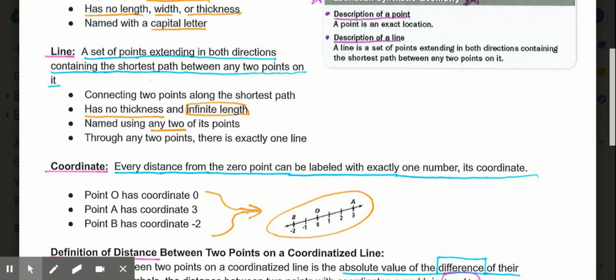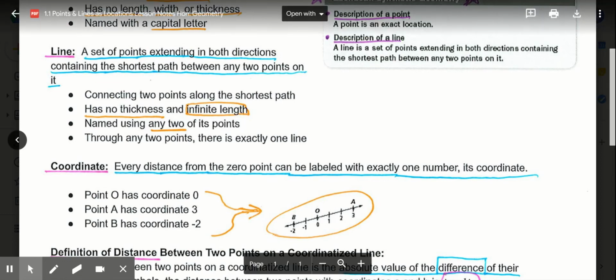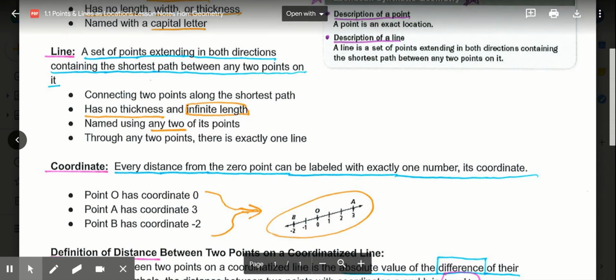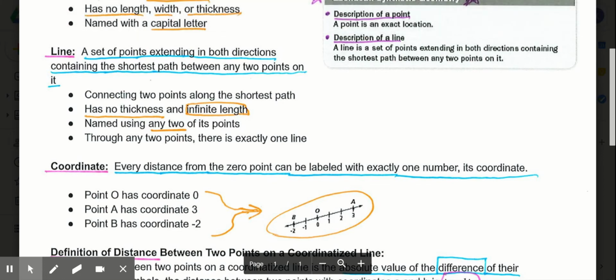So in examples here, if you have a number line, and if this is where 0 is, so point O is at the 0, so its coordinate would be 0. Point A is 3 away, so its coordinate would be 3. Point B is at -2, so its coordinate would be -2. So a coordinate is a number that we assign to a point, and it basically describes its location.